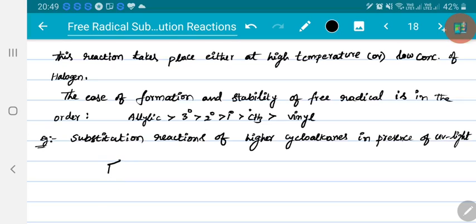Now, when you take cyclohexane with bromine in presence of sunlight, then here also you get a radical mechanism, giving bromocyclohexane plus HBr.